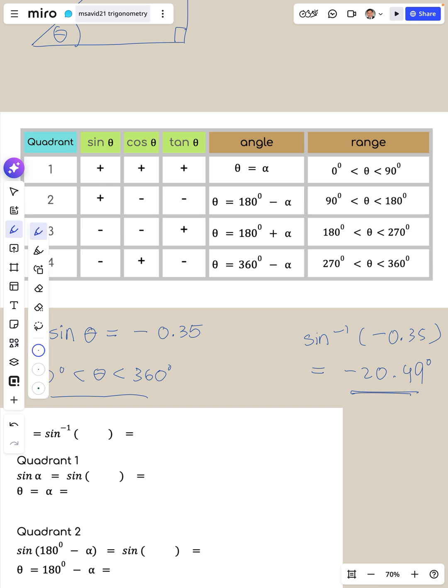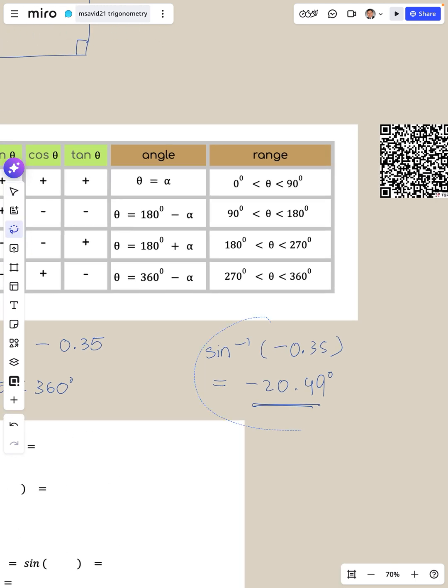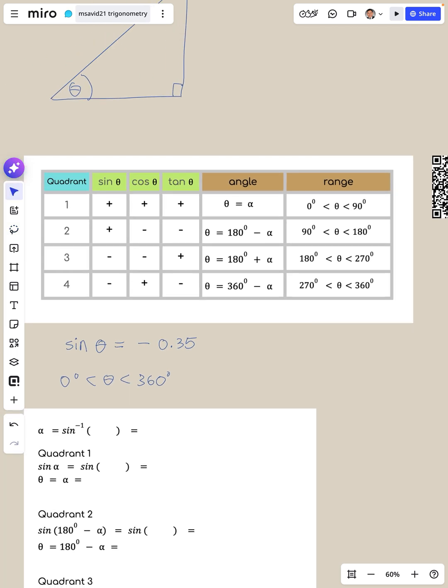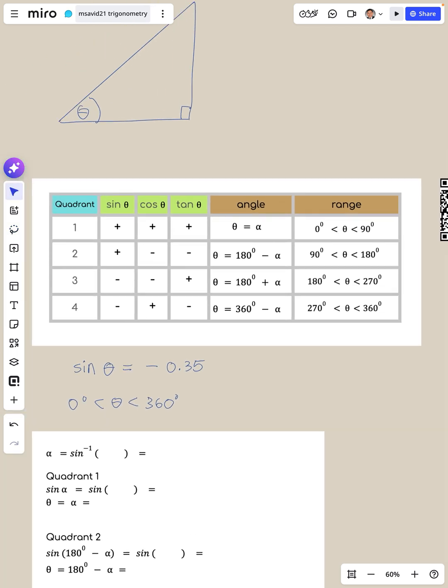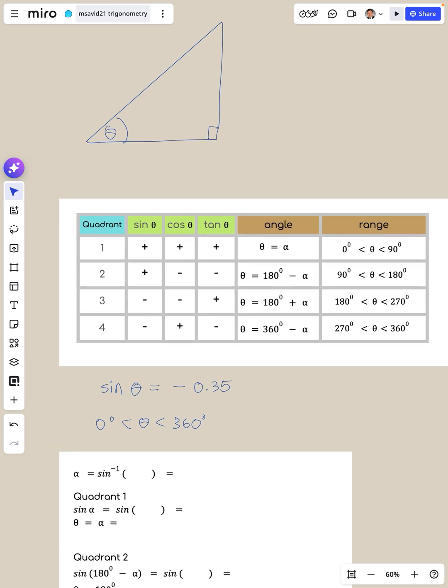So how are we supposed to solve this question instead of pressing the calculator directly? First of all, we are going to use this table. I made this table for my students. It helps them a lot to solve this type of trigonometry question, especially when you are asked to find the angle.